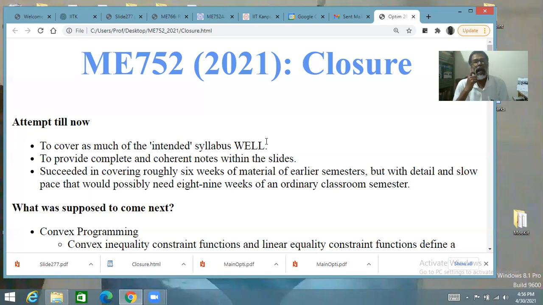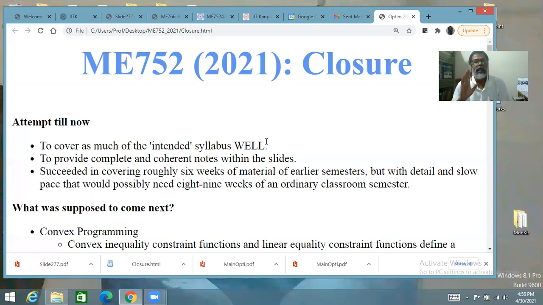Now, as it turns out, what I have covered till now is actually something that I typically cover in 6 weeks or just up to the mid-sem exam. That means half the course I have actually covered.